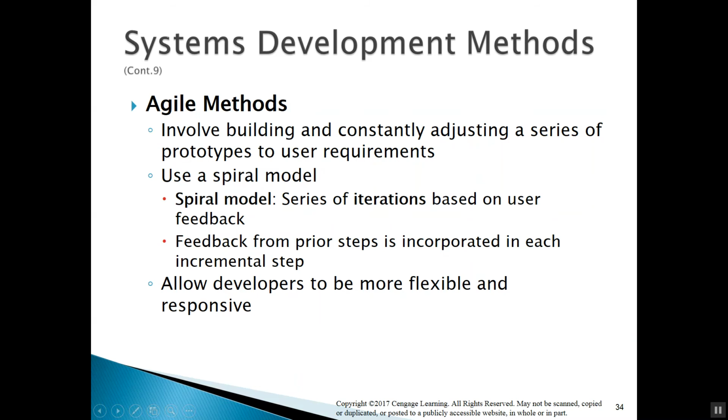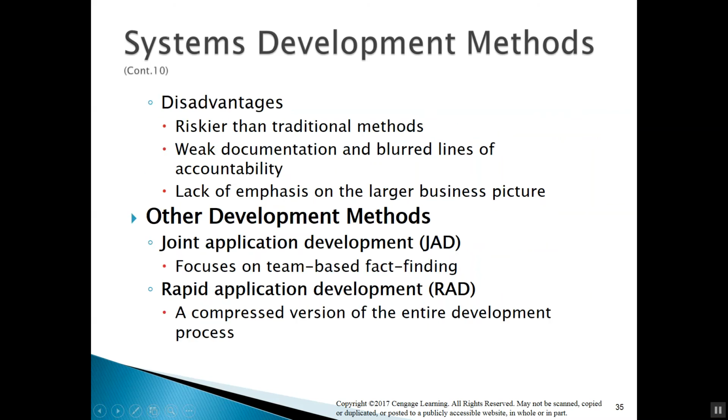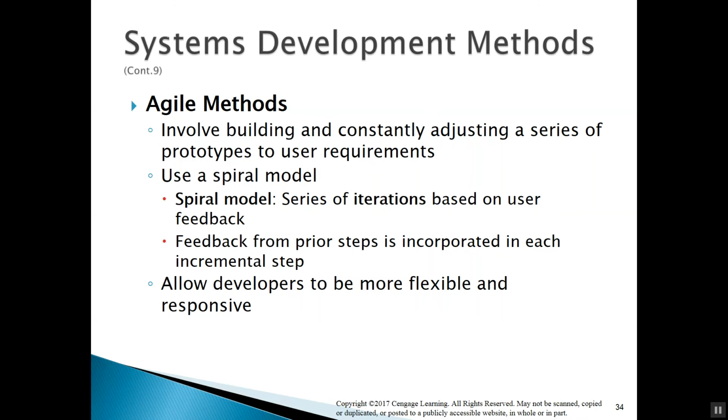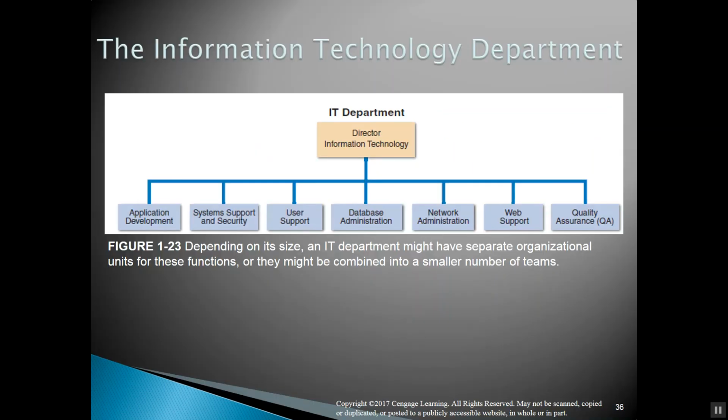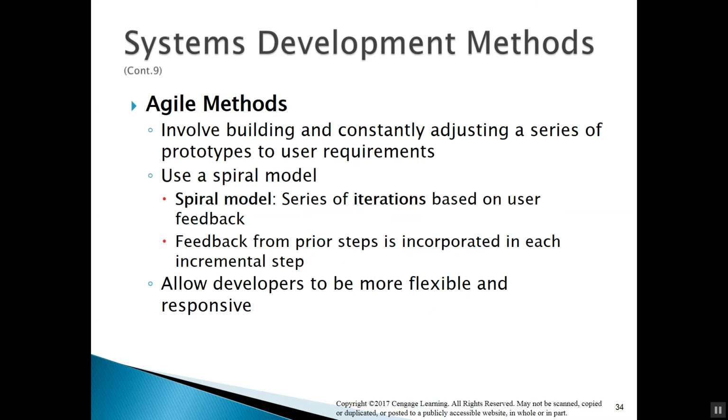Now, agile methods involve building and constantly adjusting a series of prototypes to user requirements. It's a spiral model. Now, we don't have a graphic of it. It's a series of iterations based on user feedback. So it's a lot of back and forth, back and forth, back and forth.